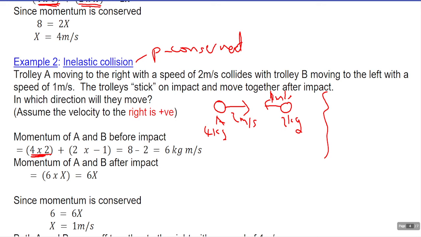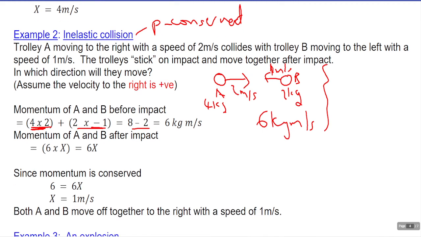And then trolley B is the one now moving to the left, so we multiply by negative so that it is to the left. So the total momentum before collision is going to be 8 minus 2, which is 6 kg meters per second.